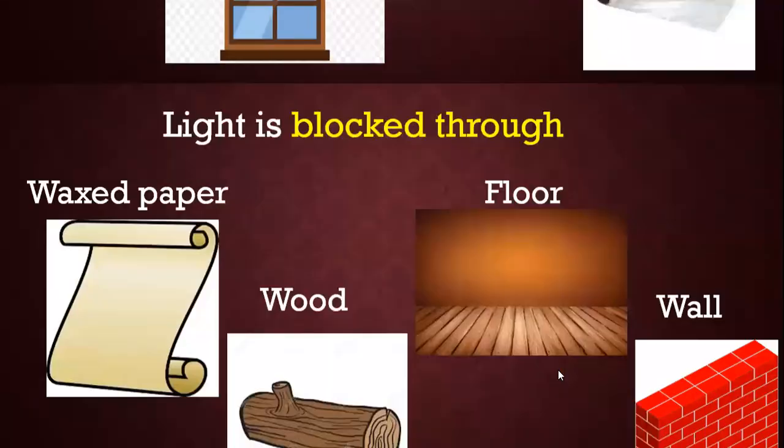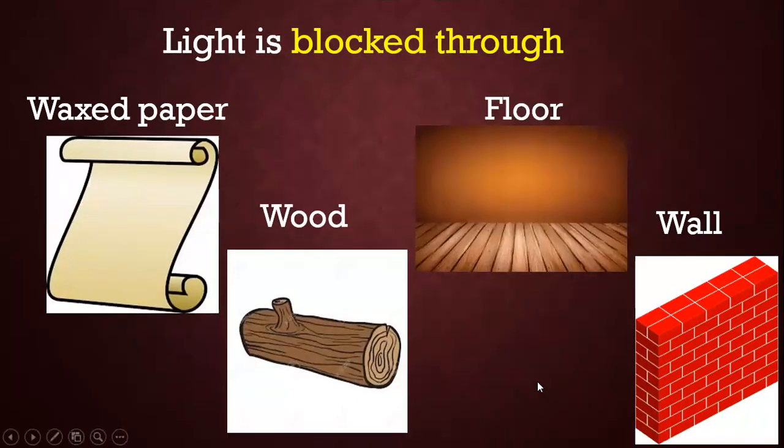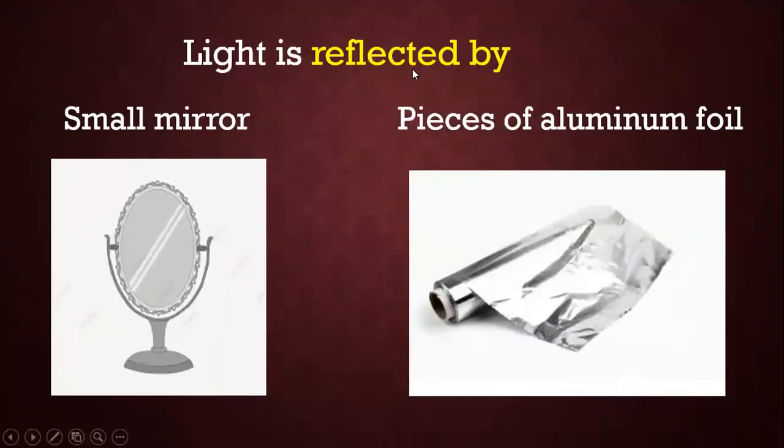What could you infer about the floor, wall, wood, and wax paper? Great. Light here is blocked by these objects. It couldn't pass through these objects. Finally, the light is reflected by mirrors and pieces of aluminum foil.